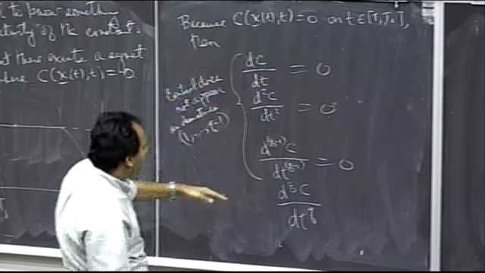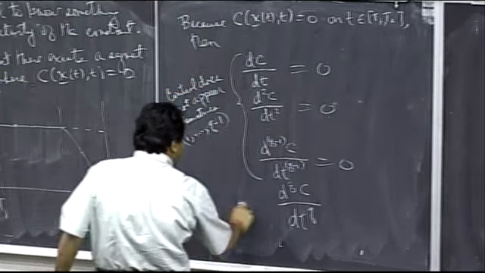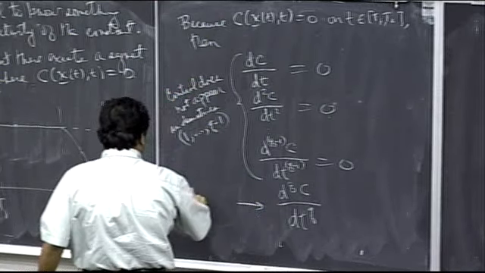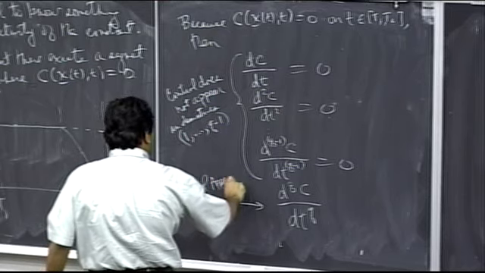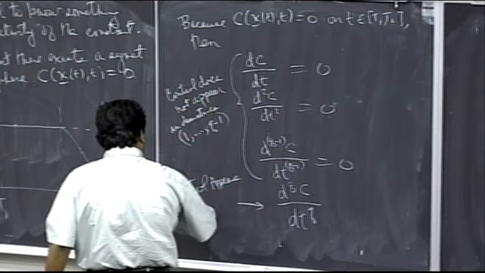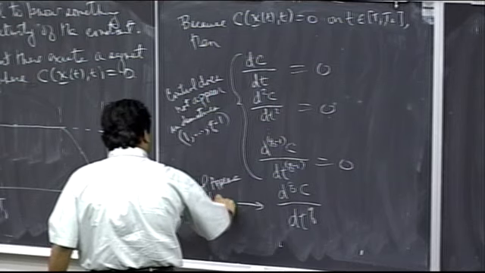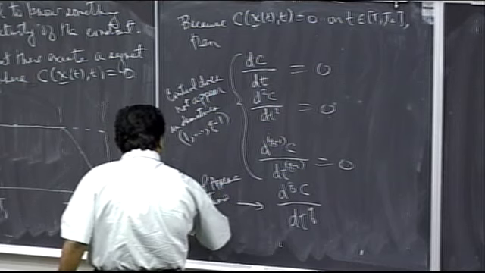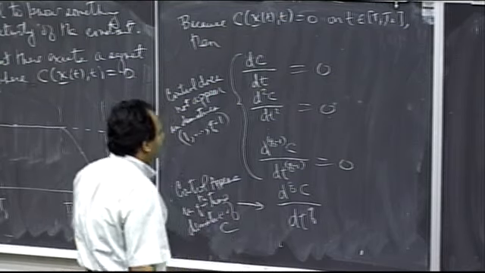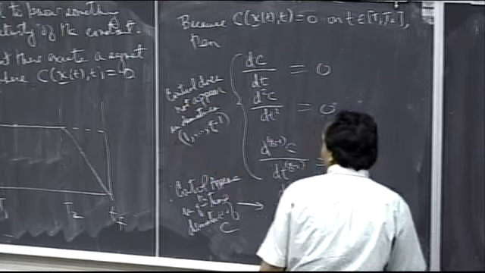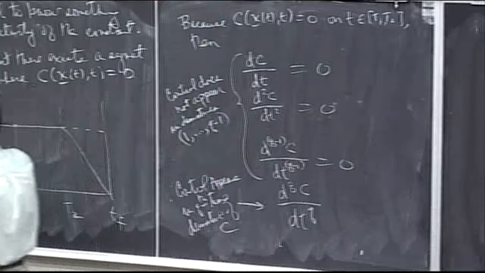So if I take q minus 1 derivatives, it doesn't appear, but the control appears here. The control appears in the qth time derivative of C.